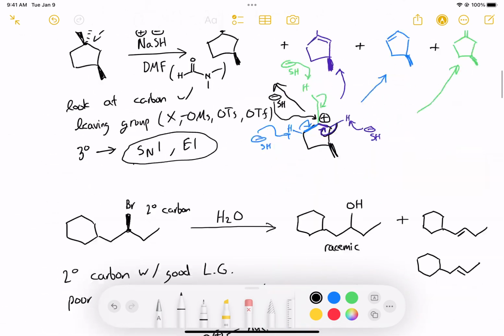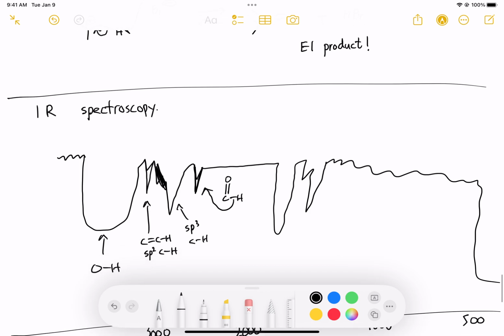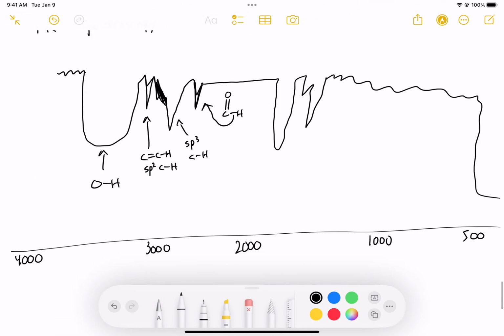Okay, oops. Losing everything today. Okay, there we go. So that will be that peak, and then this sharper peak here, that is our C double bond O peak at 1700, and then roughly right next to it, a little bit further down, that's our CC double bond peak right there.